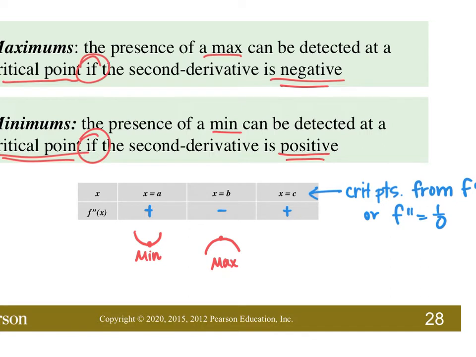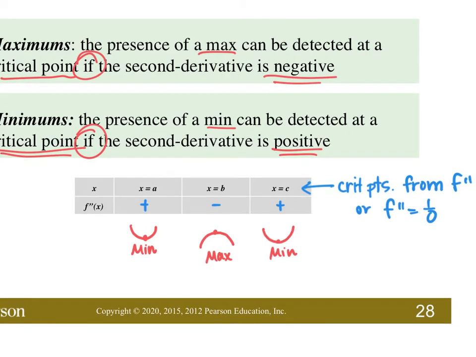And then if X equals C is a critical point and sitting within a positive concavity interval, we have a min again. So this is a quicker way to check a max or min. Rather than looking for a change in an interval, you're just looking at the value itself.